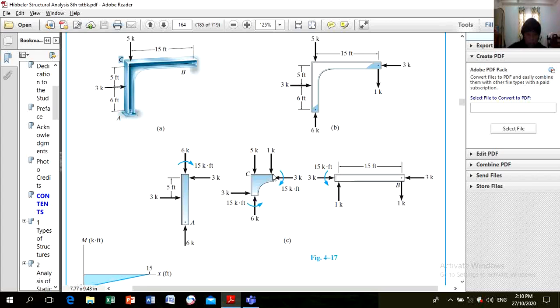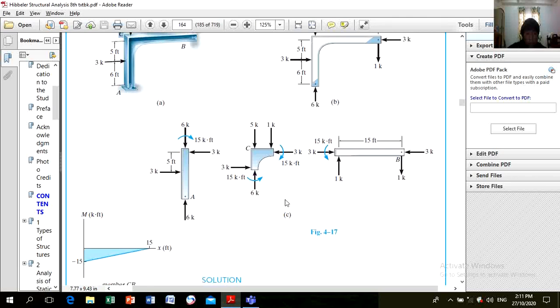So we just consider the moment that appears here, 15. Then of course the same is true here: 3, 15. The summation of force along X is 3, along Y is 1. There is no moment here because this is pin connected.